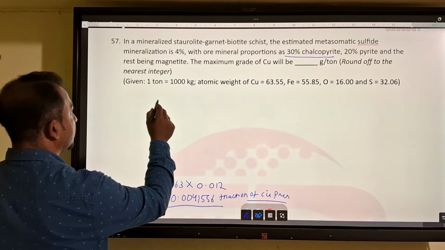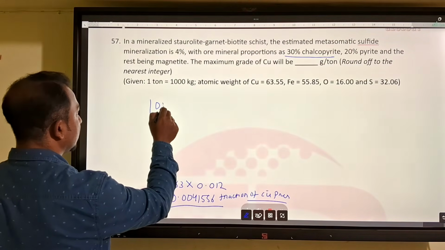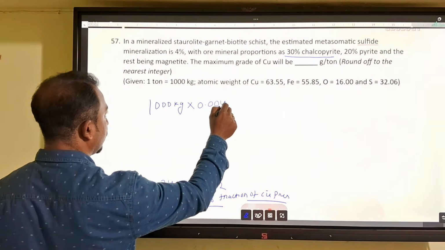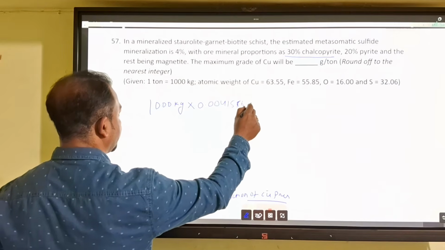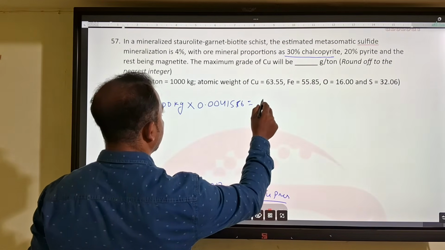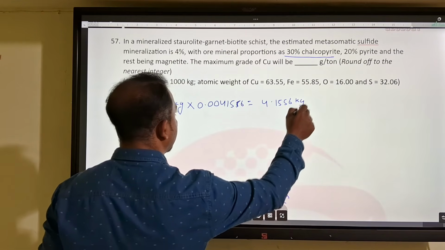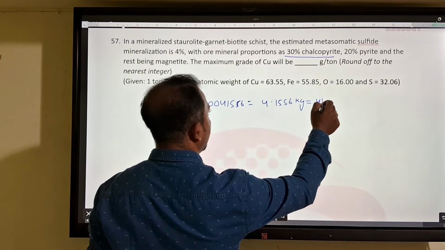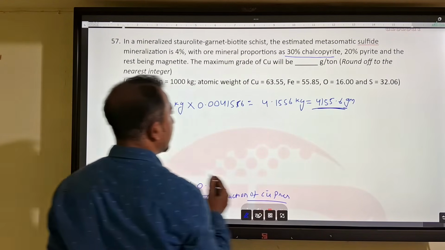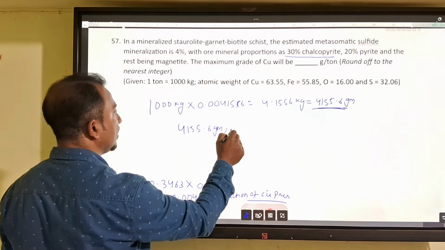So 1 ton is 1000 kg. 1000 kg into 0.0041556 will be 4.1556 kg, which will be 4155.6 gram. So this much is present per ton.